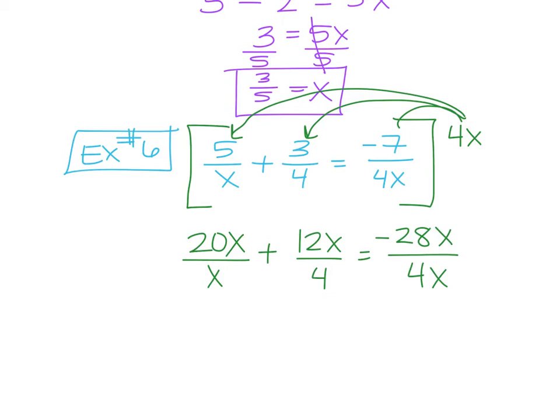These are still going to be fractions like this, but once you simplify this, you should not have any fractions left. If you do, you didn't pick the right least common denominator to multiply by, okay? So if we simplify this, x over x is 1, so we're left with just 20. What does this become? That's 3x equals what?